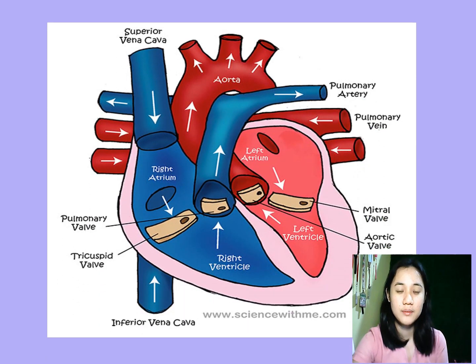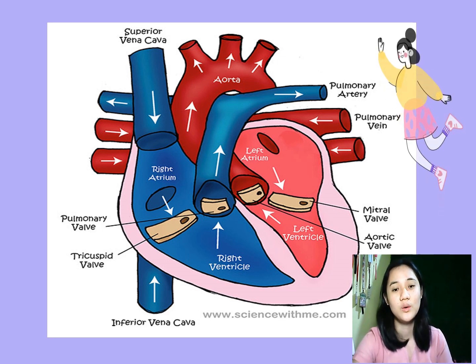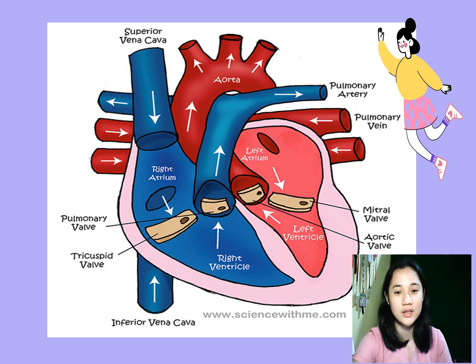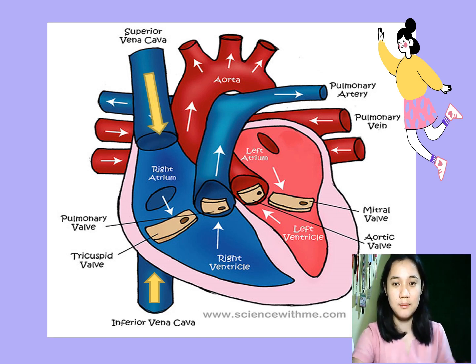Okay, so how does the blood move inside our heart? As you notice, yung left side ng heart ay kulay red, while the right side of the heart ay kulay blue. Ibig sabihin po kasi yan, the blood that flows in the right side of the heart is known as the deoxygenated blood.